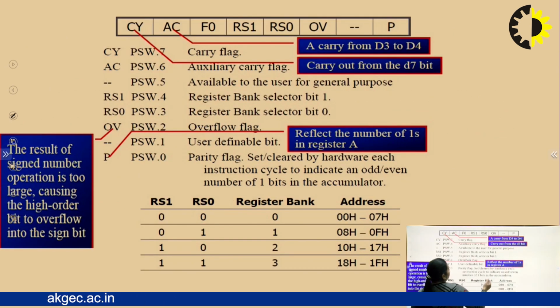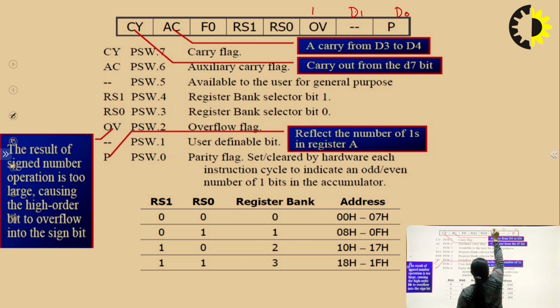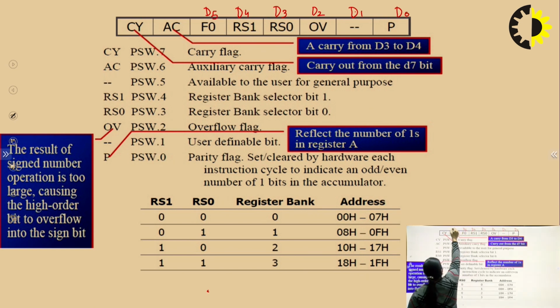So if you look here, this is the flag register D0, D1, D2, D3, D4, D5, D6 and D7. We can also write these flag bits as PSW.0, PSW.1, PSW.2, PSW.3, PSW.4, 5, 6 and 7.